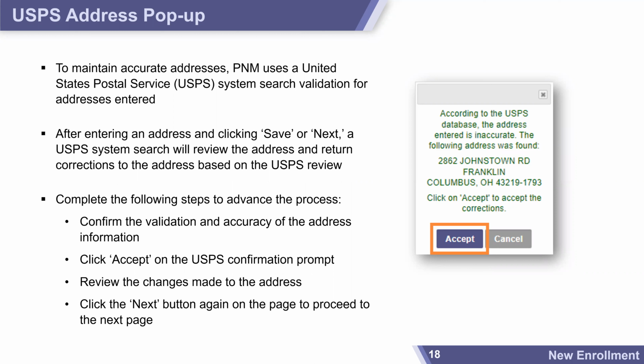So what'll happen is you'll type the address in, you'll hit next, and this USPS pop-up is going to show. You'll hit accept, it'll update the address on that page, and then you'll have to hit save or hit next again to advance to the next page. And that's going to be the case on all of your address pages.